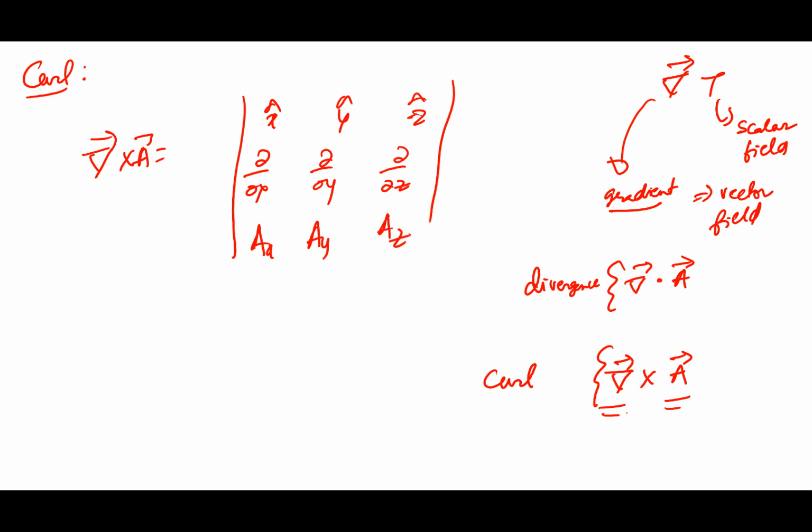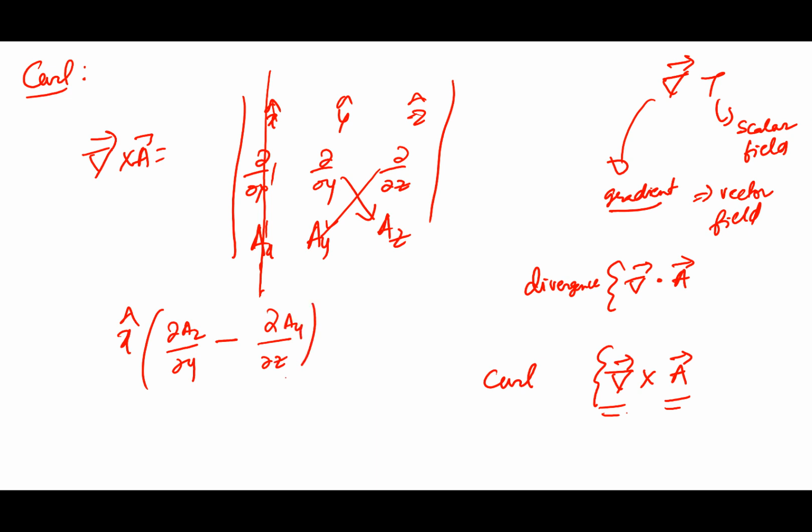The determinant of this gives you the curl, right? So you can write the components. For example, I'm just going to write out the x component. I would have dou Az by dou y minus dou by dou z of Ay. You can do the other components.